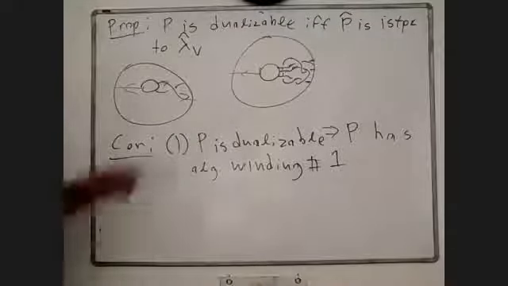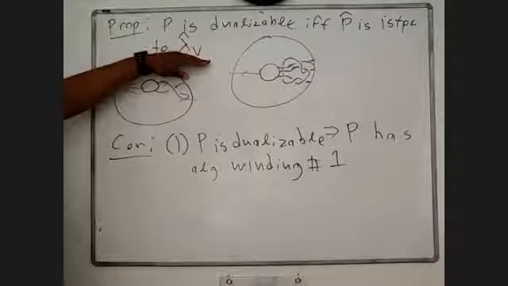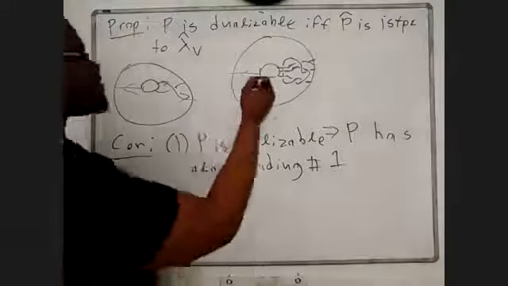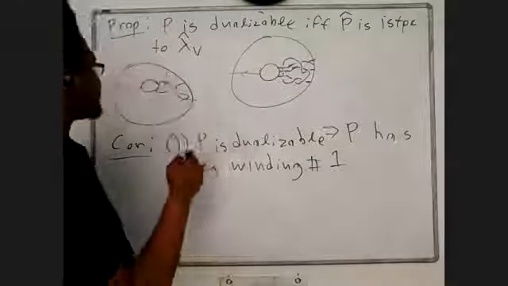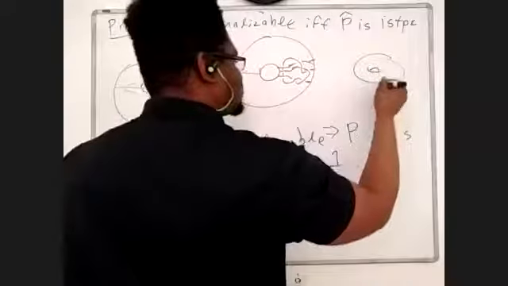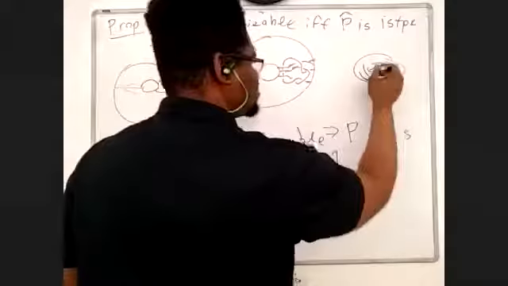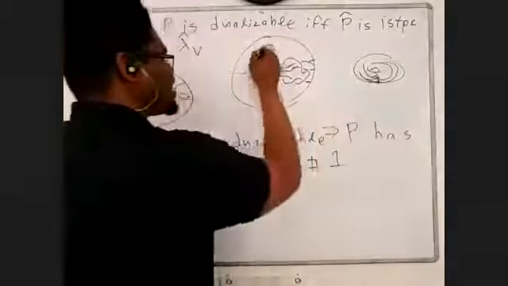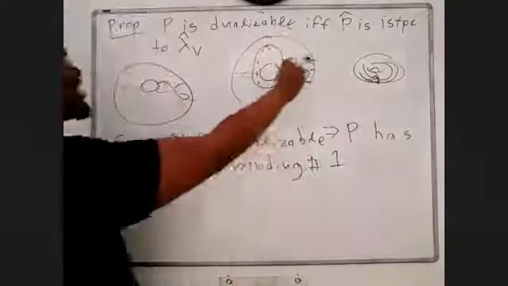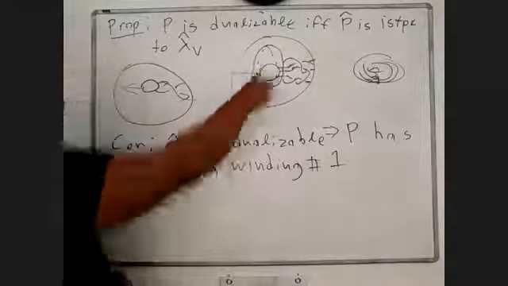And that's because the winding number of lambda V hat is going to be 1. So if I want to figure out what the winding number of this guy is, I just take a nice sphere in here and figure out what its intersection with that guy is. And since this guy is going to be 1, this guy has to also be 1 if they're isotopic.